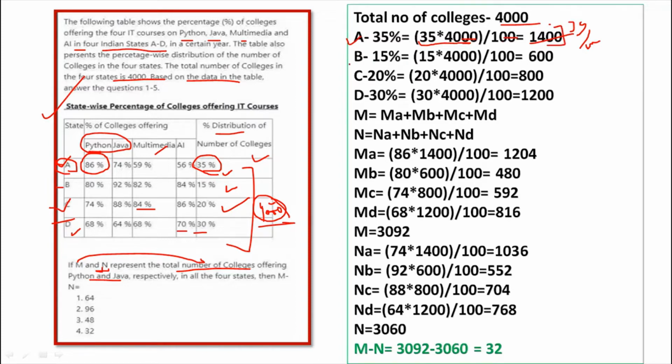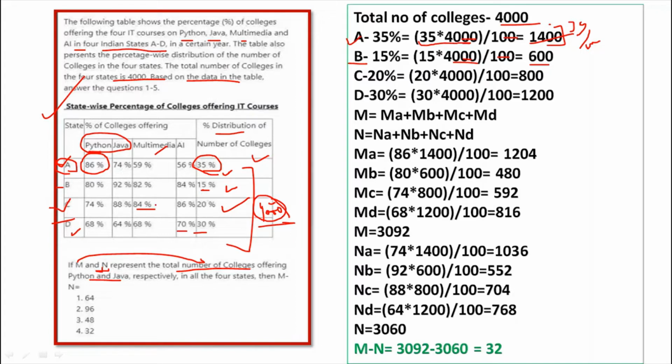Similarly, for state B, we are given that there's 15% of the total number of colleges in state B. So 15% of the total number, which is 4,000. So 15% of 4,000. Again, we can cancel two zeros and 15 into 40 is 600. Right? 0 comes here, 4 5s are 20, 4 1s are 4 plus 2 of 20.